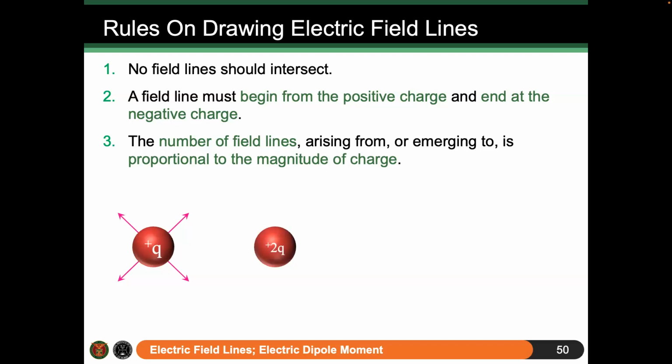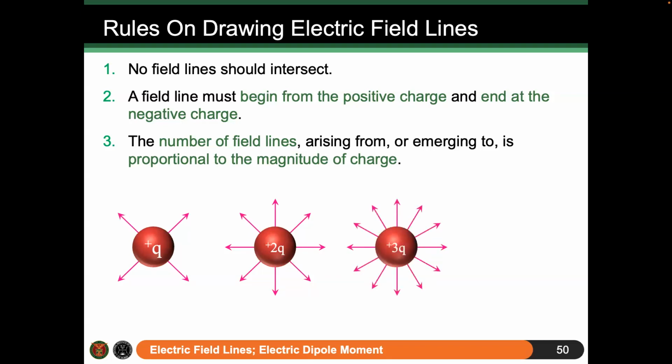Kapag nag-draw ka naman ng field lines from charge 2Q, dapat twice as many. So kung 4 yung field lines mo kanina, dapat maging 8 field lines. So twice as many. So kung 3Q, 3 times as many. Okay. Kung negative naman, twice as many pa rin, pero baliktad lang yung arrows. Okay.